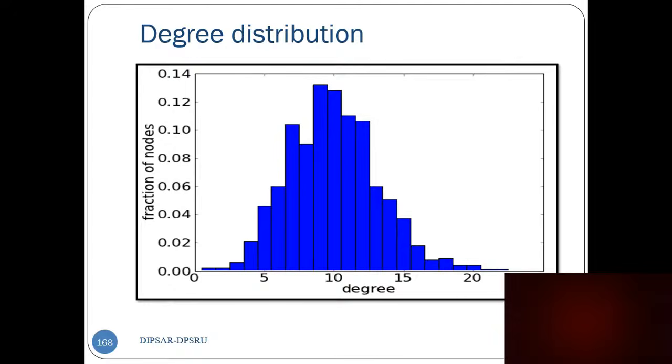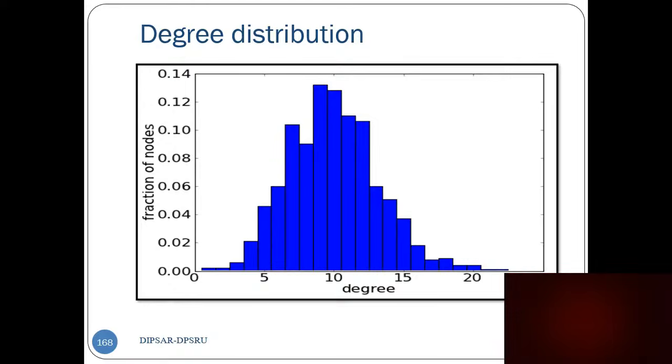In a particular biological network, this graph will tell you which node has a higher degree, how many nodes have, for example, 5 degree, how many nodes in the network have the highest degree, and how many nodes have a lower degree. So by the degree distribution you will get to know about the biological network. According to this degree distribution, you can write your write-up.